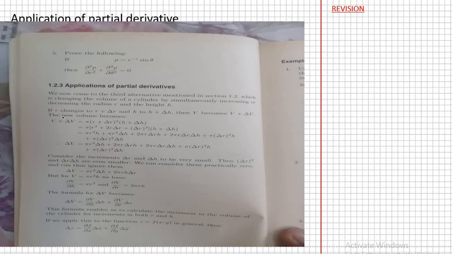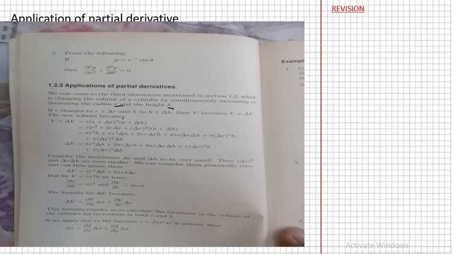So here we are given the radius and the height. Let's say r changed to r plus delta r, so we have the radius, which is r, the initial radius.